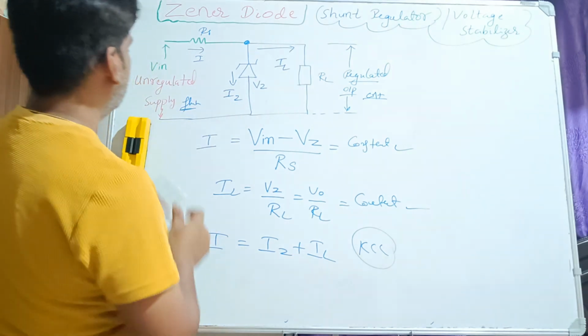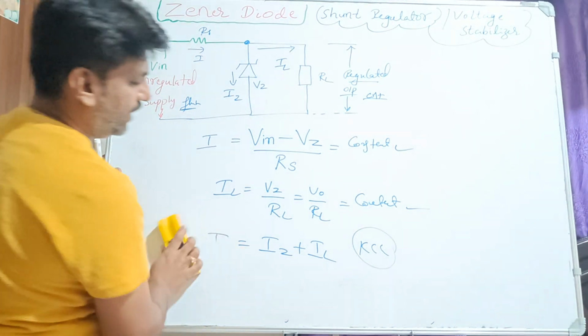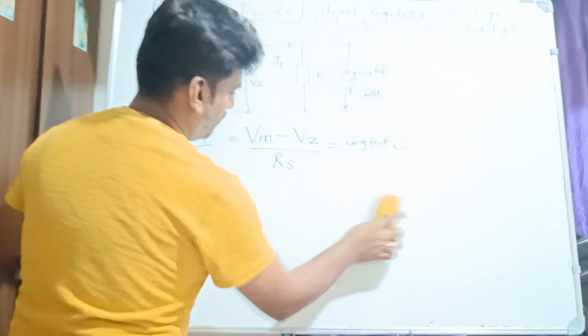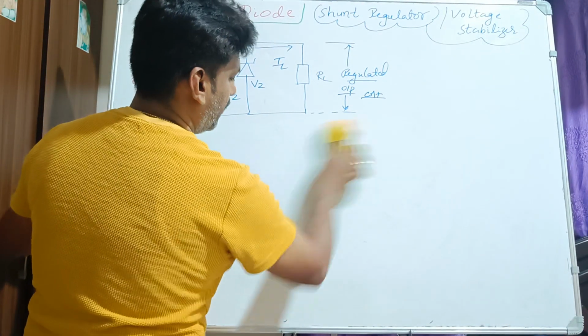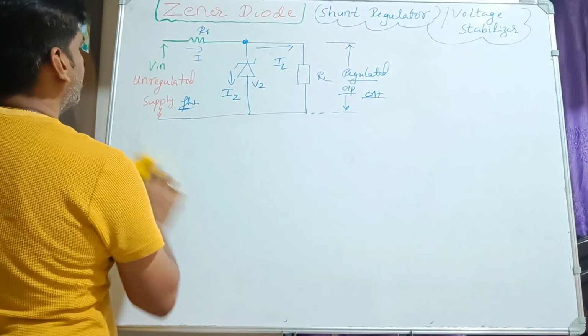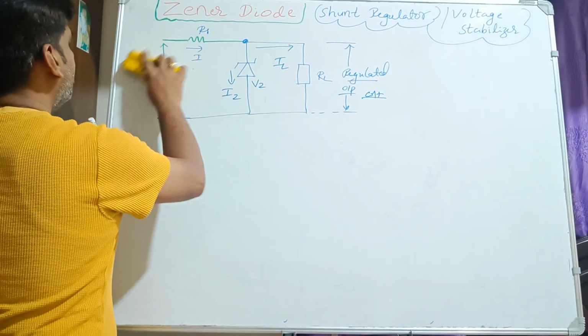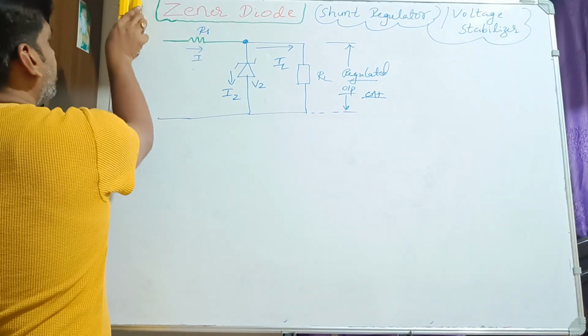Now we will see with the help of this circuit diagram how exactly the line regulation works. With the help of the equations also we will see. For that we will take the same input.